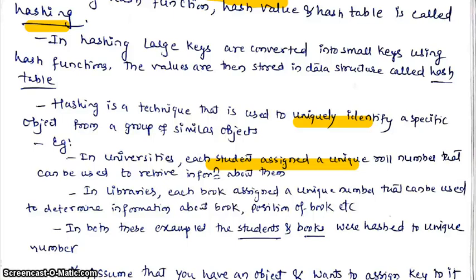So this is nothing but hashing. The information is given with some unique key, and we can search the information based on that unique number. This type of technique is called hashing.